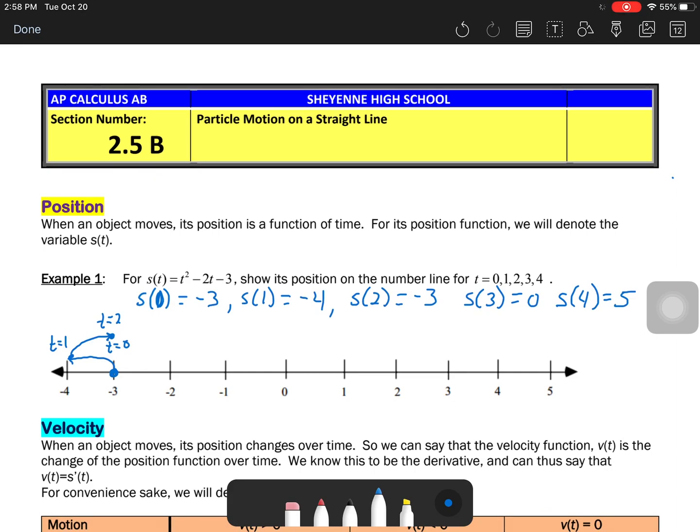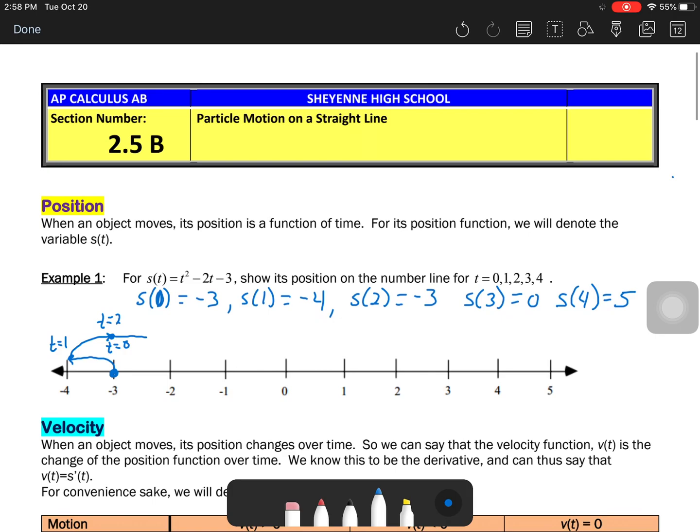At time 3 seconds, I continue to move back to the right, and I move to a position of 0. So now I'm here. This is at t equals 3 seconds. I know it's not exactly looking horizontal, it looks kind of curved up, but we have a spot right here.